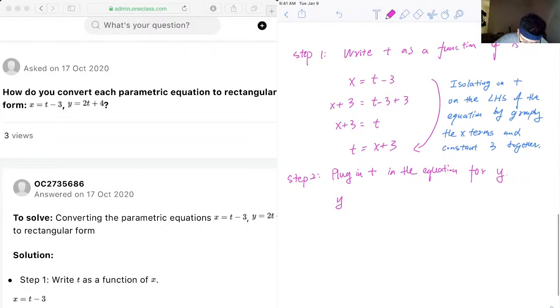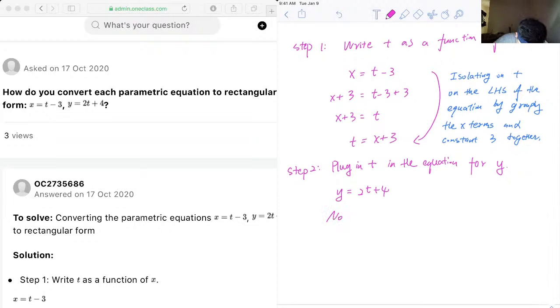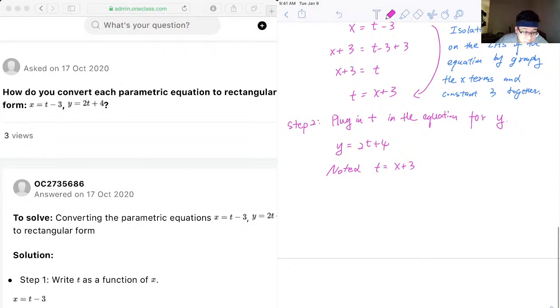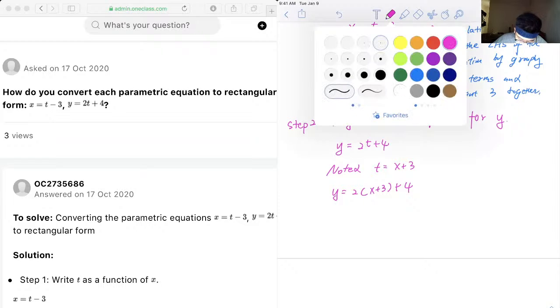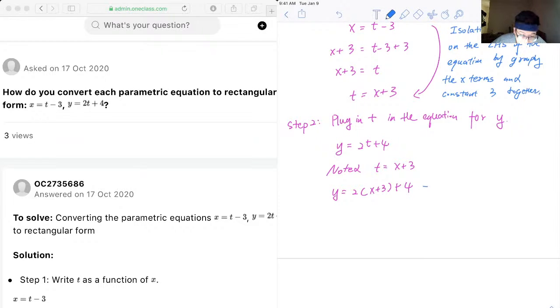So let's copy that down. y is equal to 2t plus 4. And note that t is equal to x plus 3, which is a result from step 1. And we plug that in, so that becomes y is equal to 2 times x plus 3, plus 4.